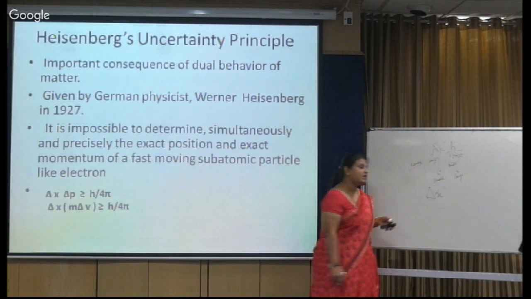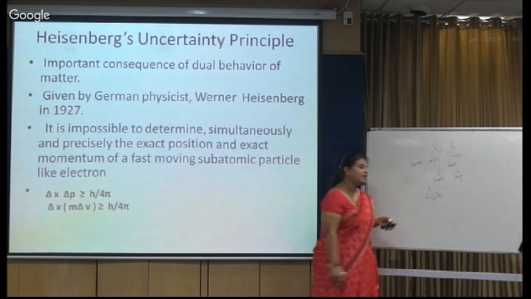On the contrary, if we talk about a macroscopic object, meaning an object which can be seen by the naked eye and has a high mass, then to look at that object you require light of a high wavelength. High wavelength means low energy.